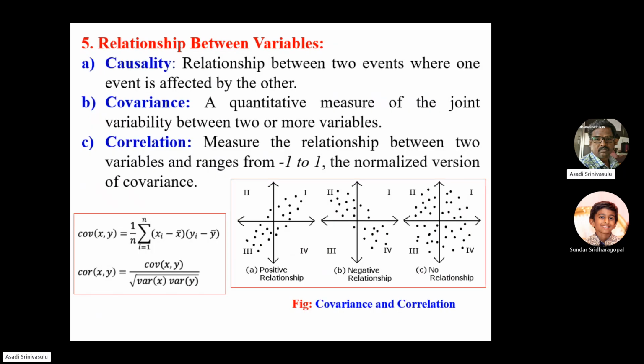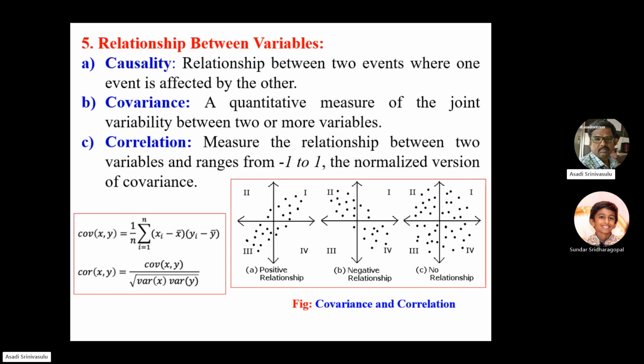Then the relationship between variables: causality, covariance, and correlation. These are the three important concepts we are studying. Causality is a relationship between two events where one event is affected by the other. For example, recently a pneumonia variant came up in China, with around 7,000 people affected per day, especially children who are unable to breathe properly because of the pneumonia virus.